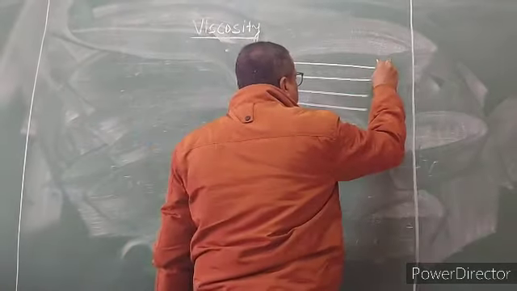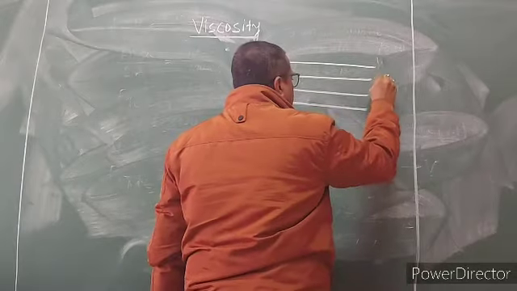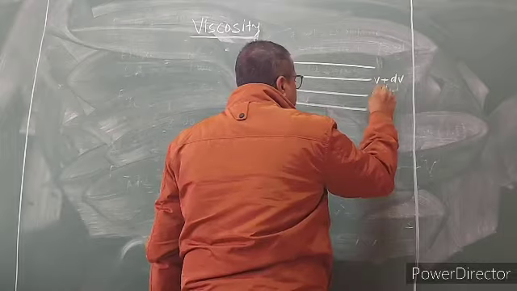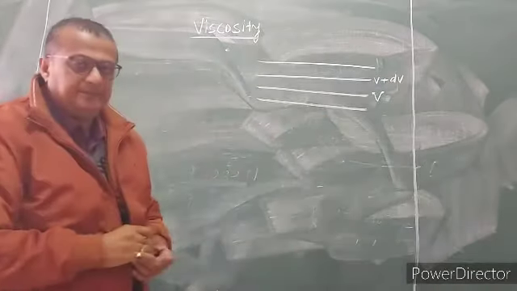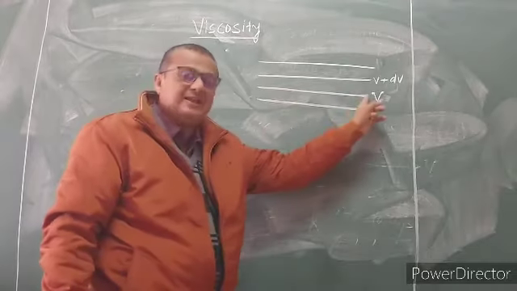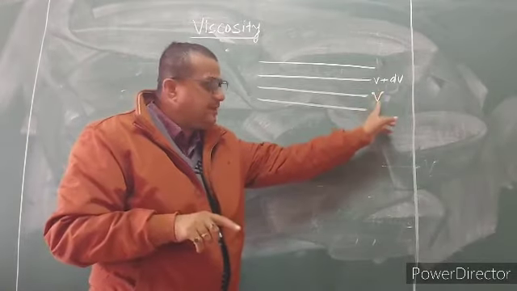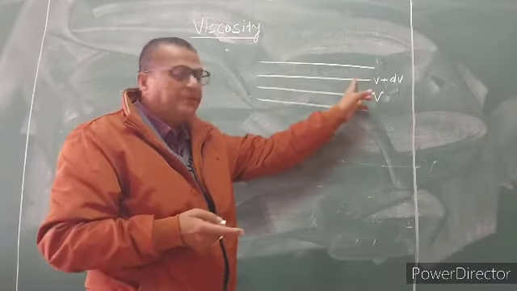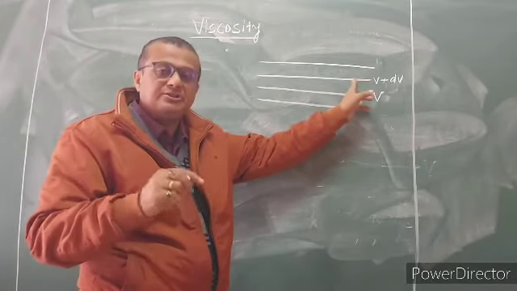If its velocity is v plus dv, then this velocity will be v. It means all the molecules of this layer are moving with velocity v, while on the upper layer its velocity is something larger.